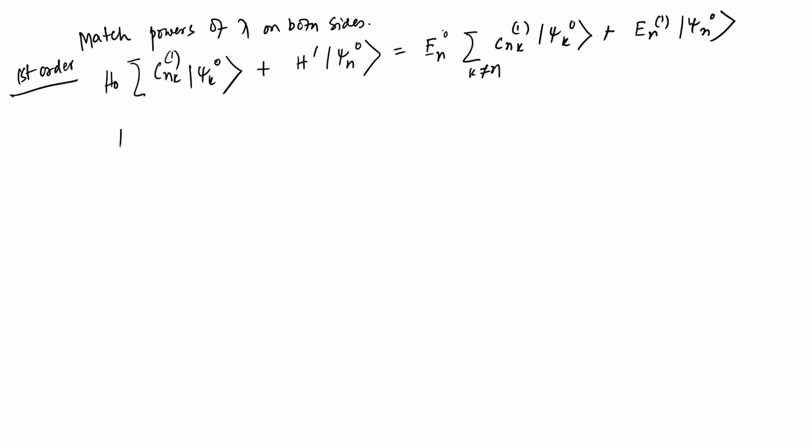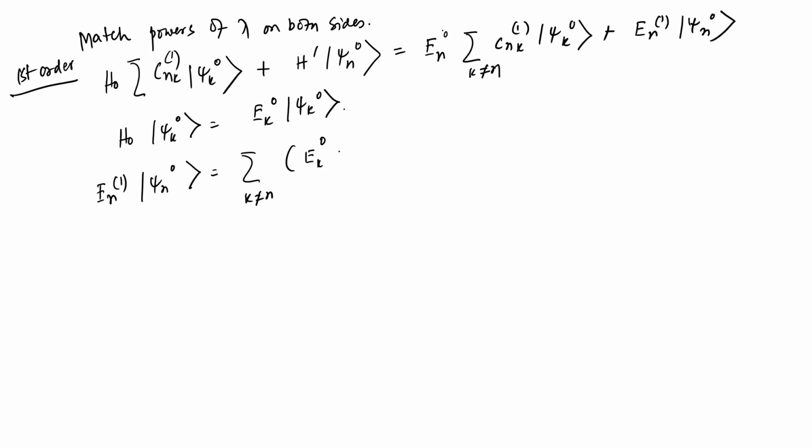So, if you recognize that H 0 psi k 0, that is a problem that you are familiar with, that is known, and psi k 0, then we have this E n 1, which is a first order correction in energy, that acting on psi n 0, this gives you a k not equal to n, and E k 0 minus E n 0 and C n k 1 psi k 0 plus a H prime psi n 0.